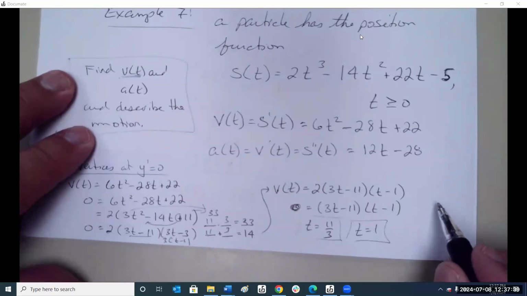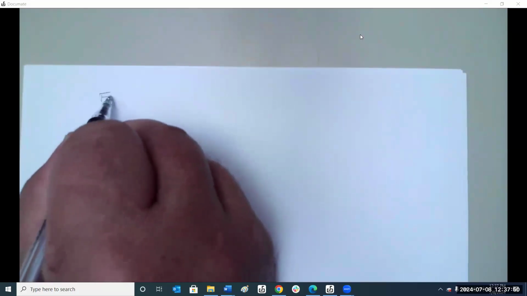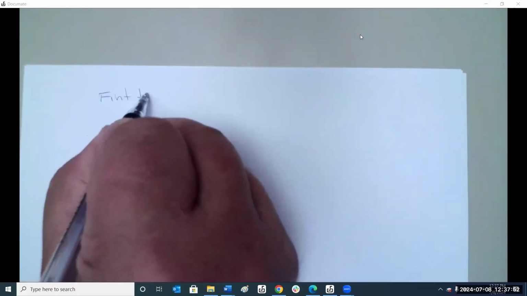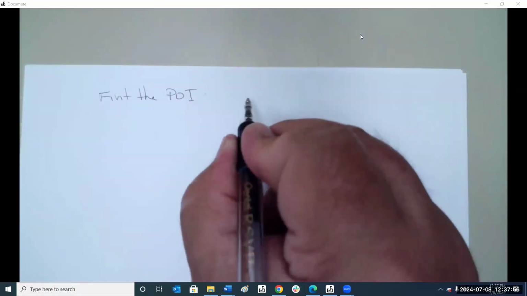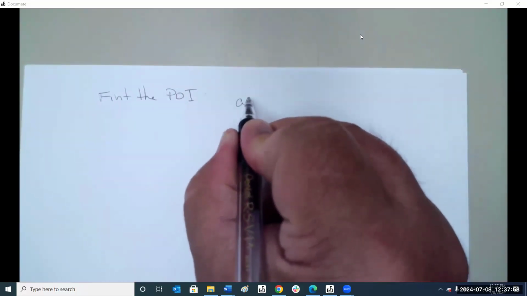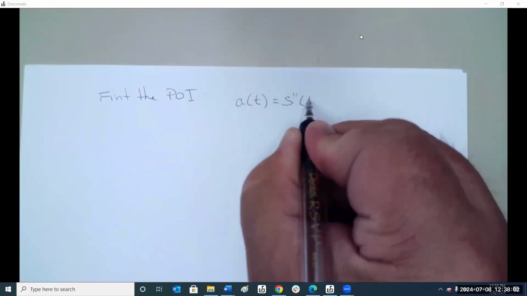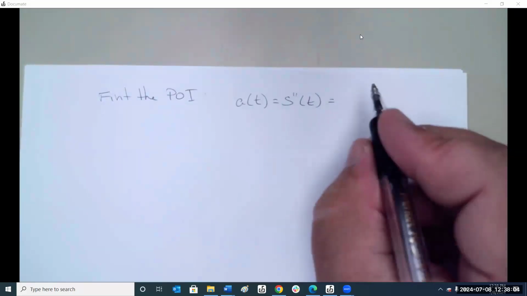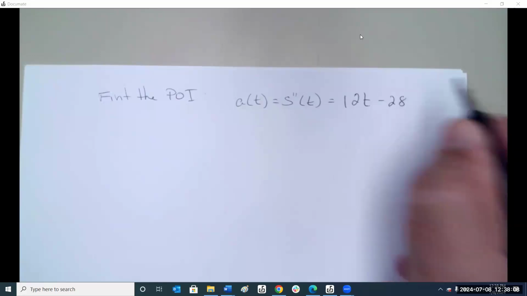Let's do that one first. Let's find the point of inflection. That's the acceleration, which is the second derivative of our position function, which is 12t minus 28.